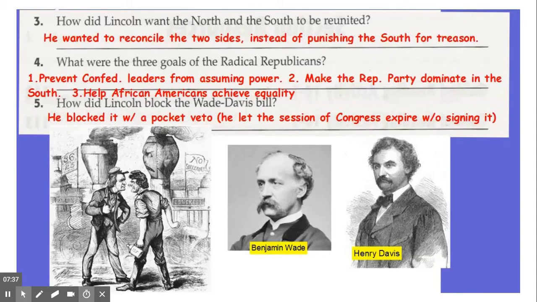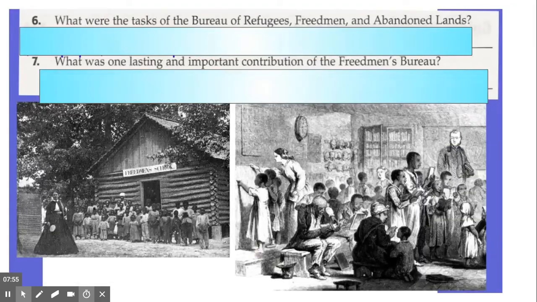Certainly that was not necessarily popular with a lot of Republicans, particularly radical Republicans. But he did that with the hopes of maybe softening the blow of rejoining our union together.